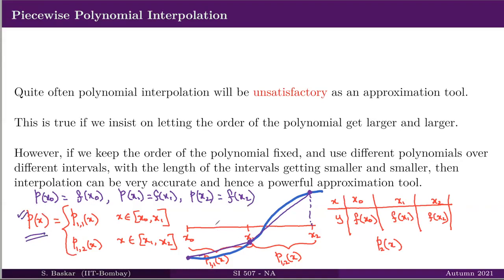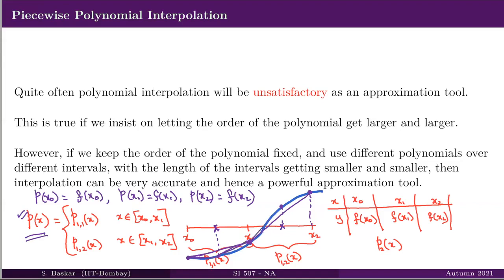Similarly, if you introduce another point, say here and here, and provide the information about the function value at these points, you can find similarly a piecewise polynomial in each subinterval, and thereby you will have the piecewise polynomial like this and like this, right?